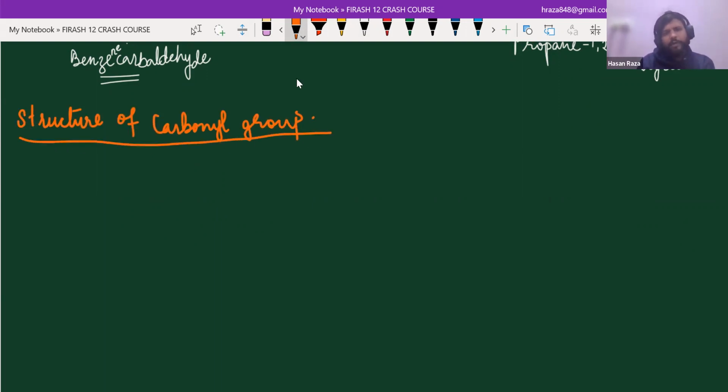So we are only dealing with the carbonyl group here. As you can see, if you have a carbonyl group like this, you know this is more electronegative, so it will go like this. So it will have negative charge, and this will be the scenario.